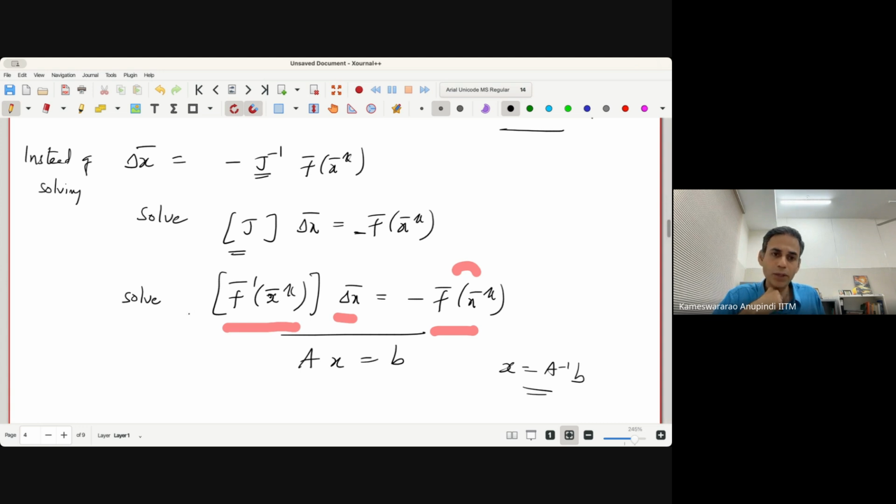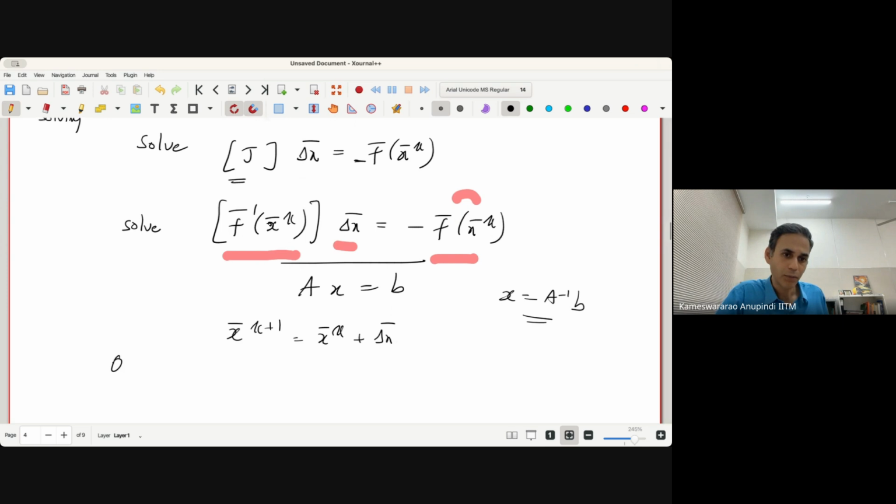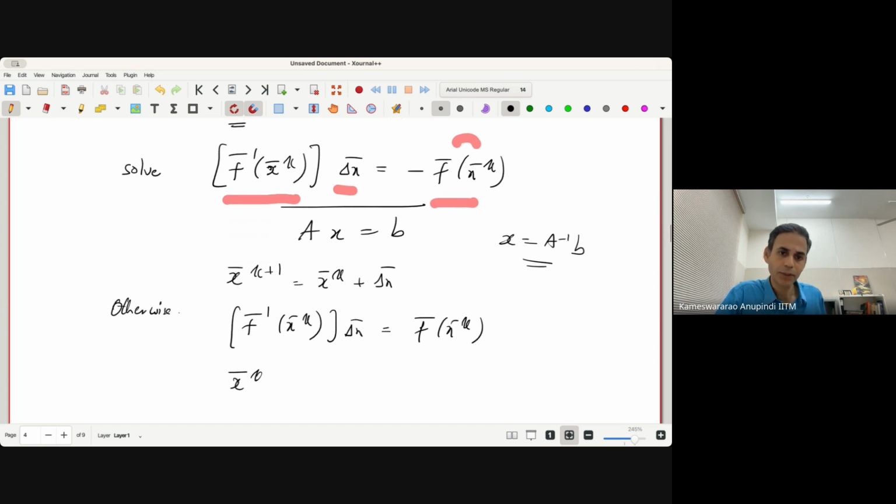So we solve this system, and then update x bar k plus 1 equals x bar k plus delta x bar. Otherwise, we can solve f bar prime of x bar k times delta x bar equals plus f bar of x bar k, and then subtract delta x bar while updating x bar k plus 1.